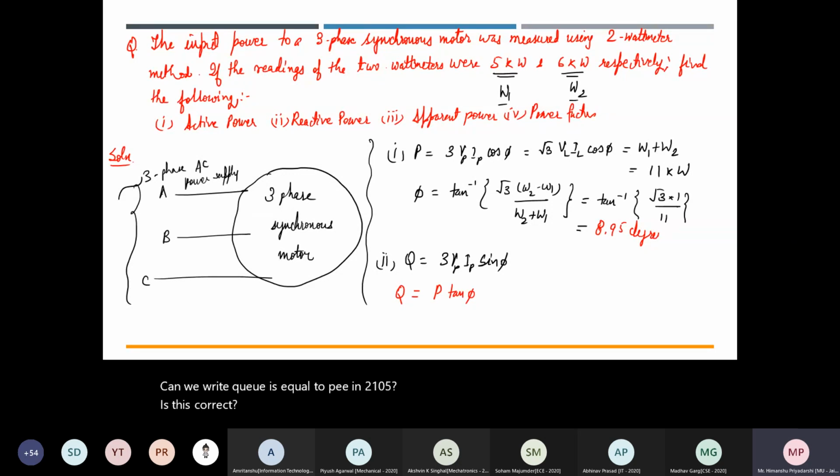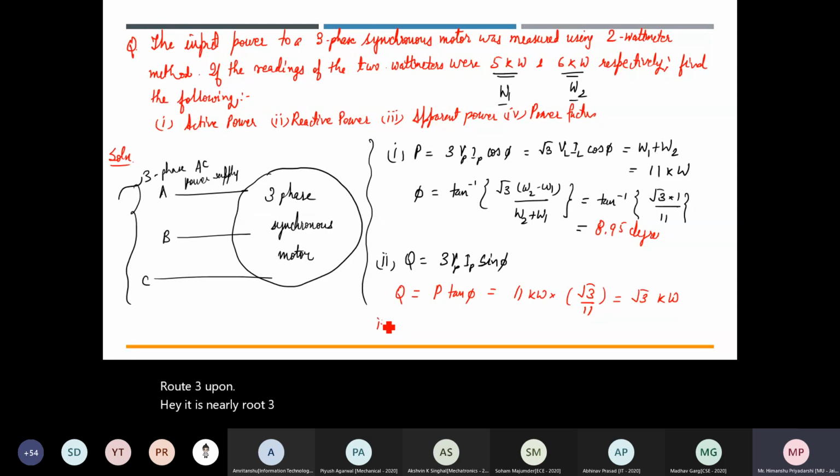Tell me. Yes, sir. Okay. So I can directly write 11 kilowatt into root 3 upon 11. So it is nearly root 3 kilowatt.